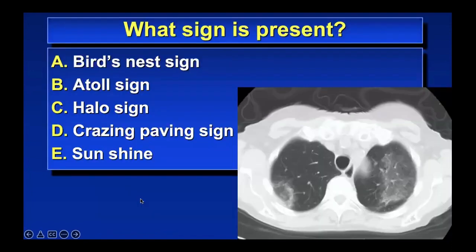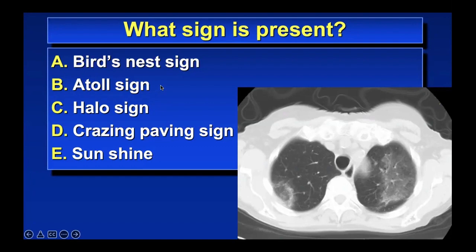So let's look at this. What sign is present here? Okay, so bird's nest sign is associated with atypical fungus like rhizopus or mucormycosis that occurs in immunocompromised individuals.